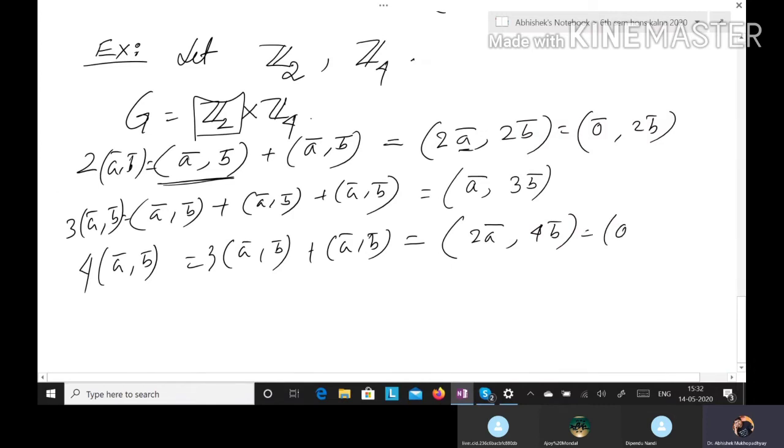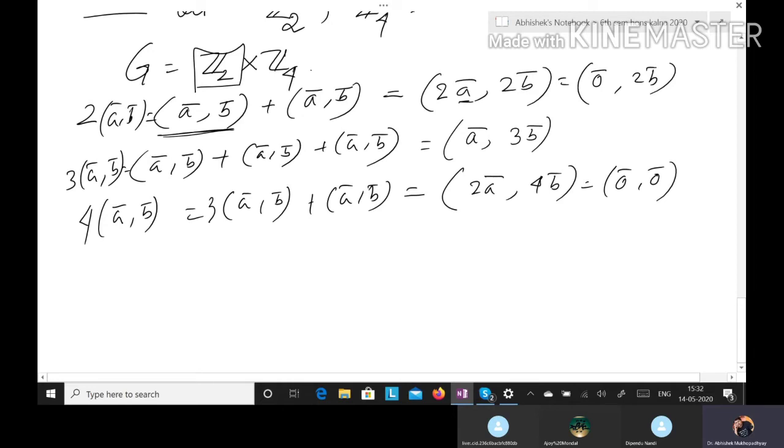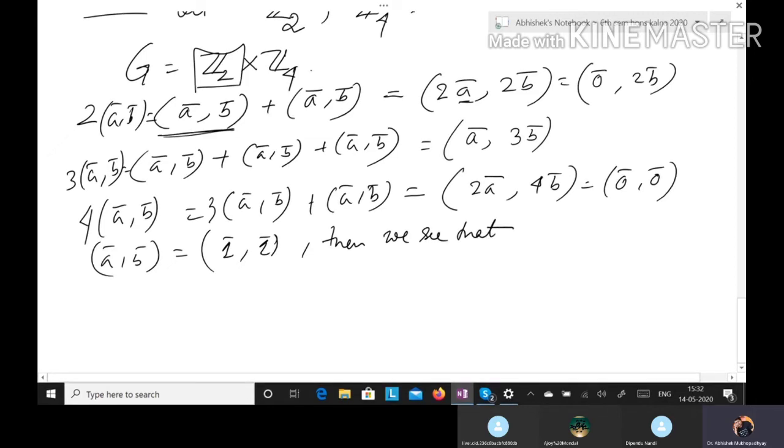So that means it is [0], [0]. So if one chooses [a], [b] as [1], [1], then we see that the order of ([1], [1]) will be 4.